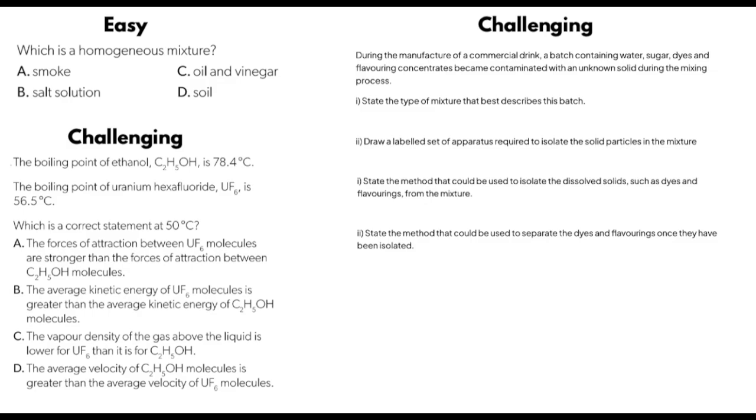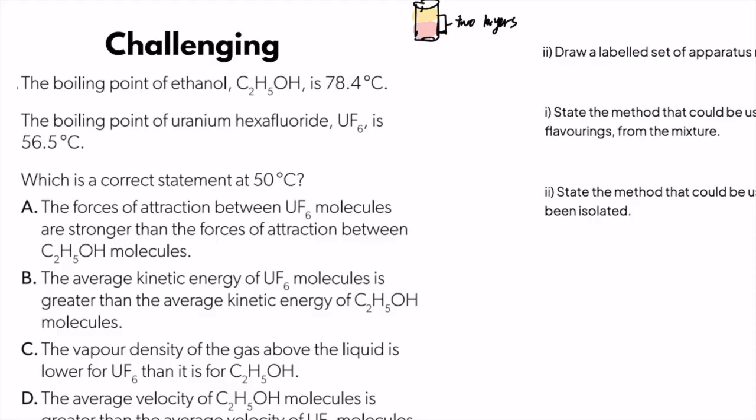Now we'll look at a question regarding boiling point. The boiling point of ethanol, C2H5OH, is 78.4. The boiling point of uranium hexafluoride, UF6, is 56.5 Celsius. Which is a correct statement at 50 degrees Celsius? How I like to approach these questions is to draw a timeline. And we'll put the 50 degrees Celsius marker here.